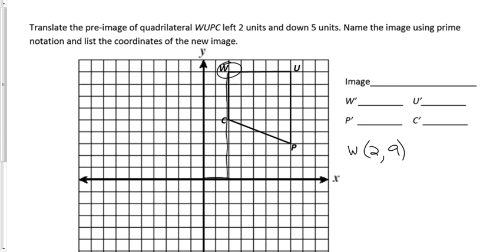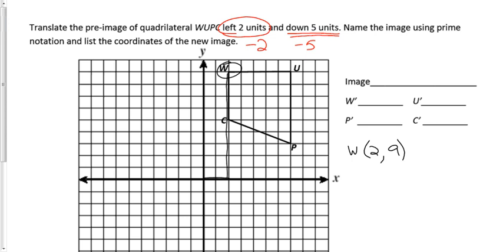With this transformation, it says to go left 2 units. Left 2 units is the same as going in the negative direction 2 units, because if I go left, I'm going in the negative direction. Down 5 units would be negative 5 in the y direction.